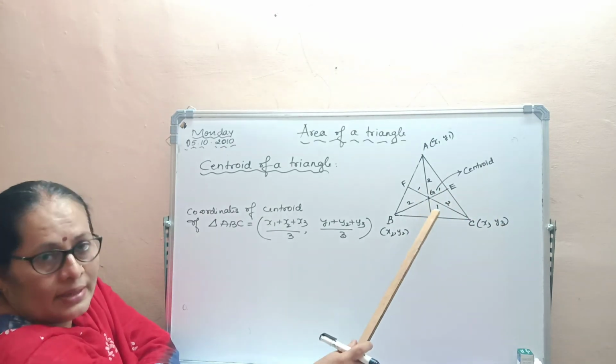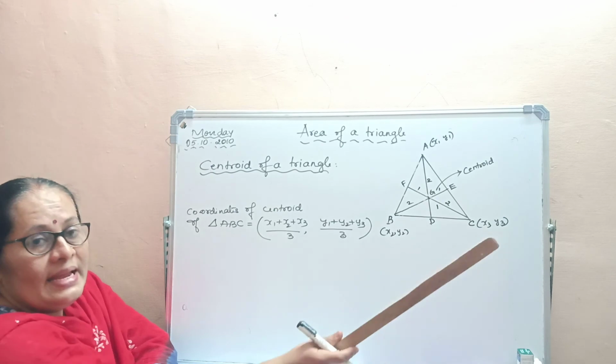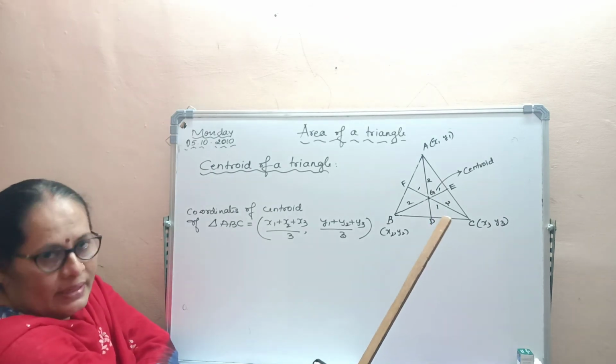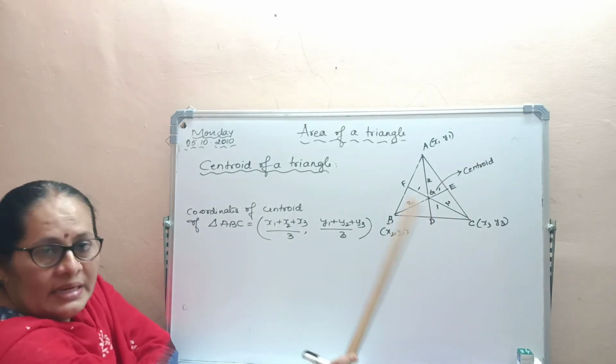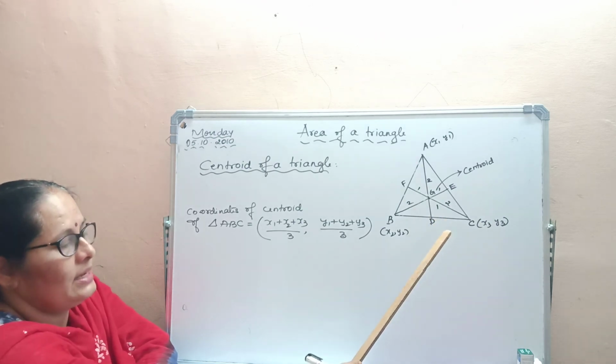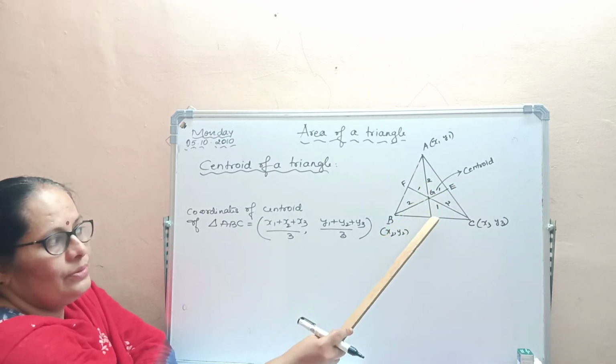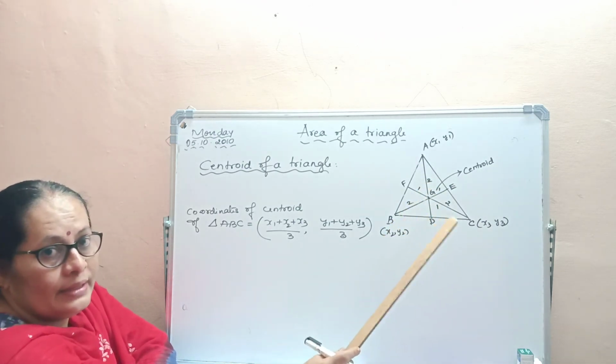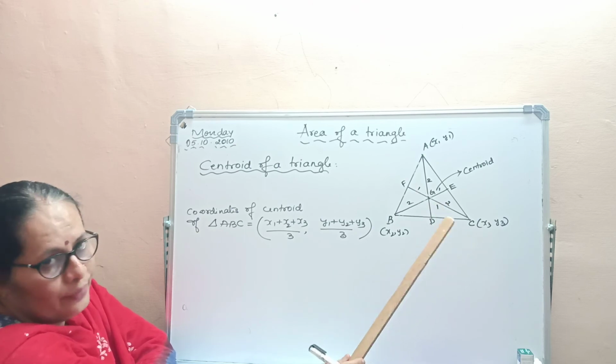So what is centroid? Centroid is the intersection of three medians, and these medians divide in the ratio 2:1.